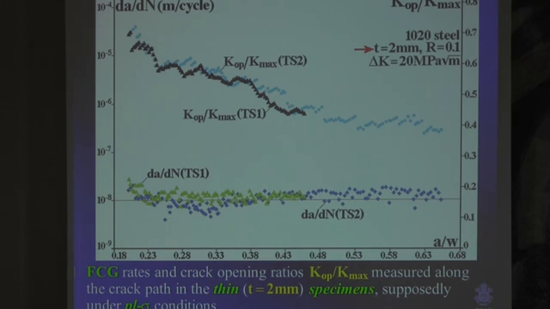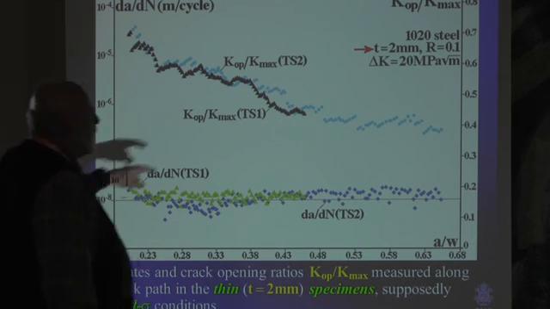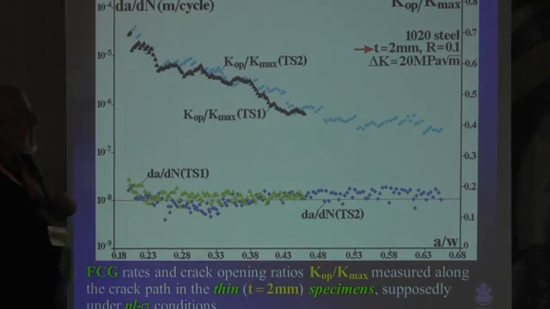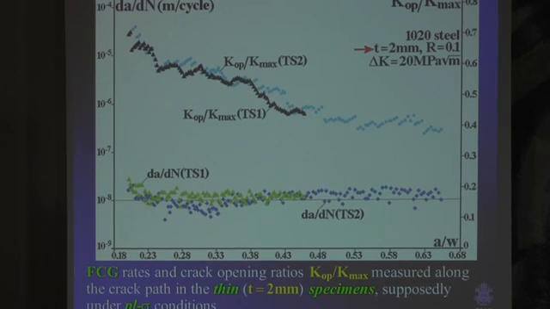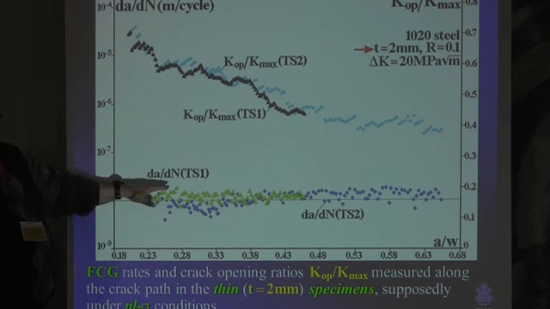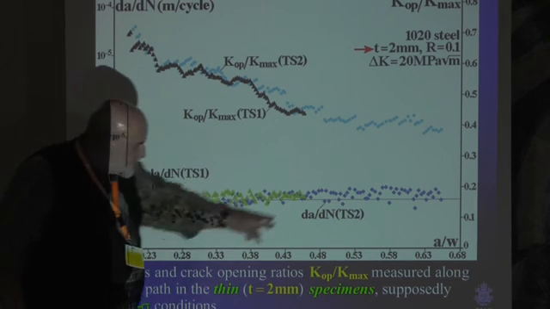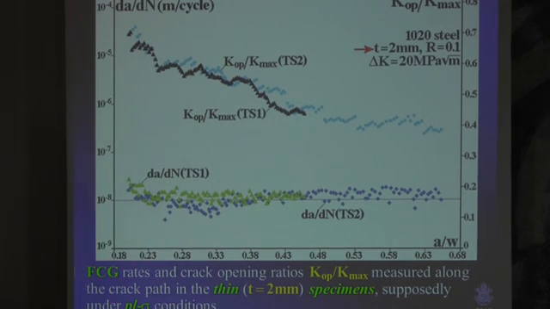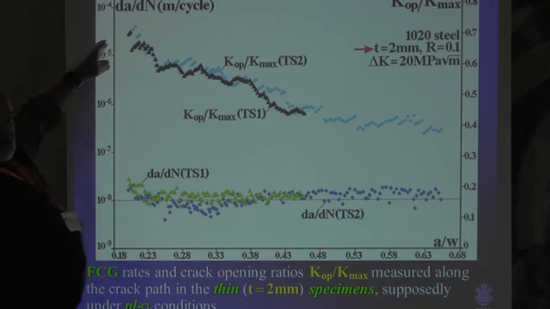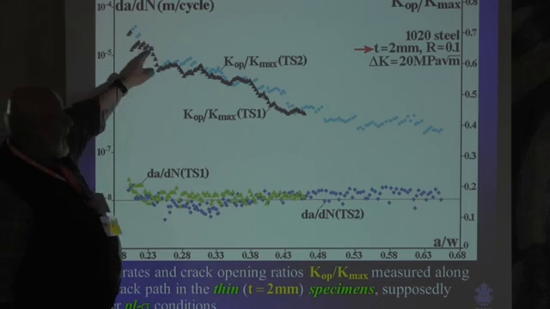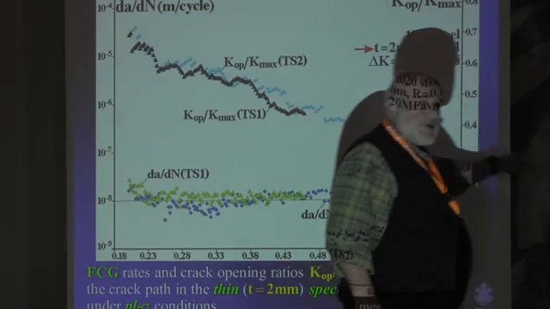So R equals 0.1, delta K equals 20 megapascals root meter, with almost constant da/dN as the crack grows from a very small size up to a large one. At the same time, we measured the opening load. And the opening load started quite high and decreased as the crack grew.